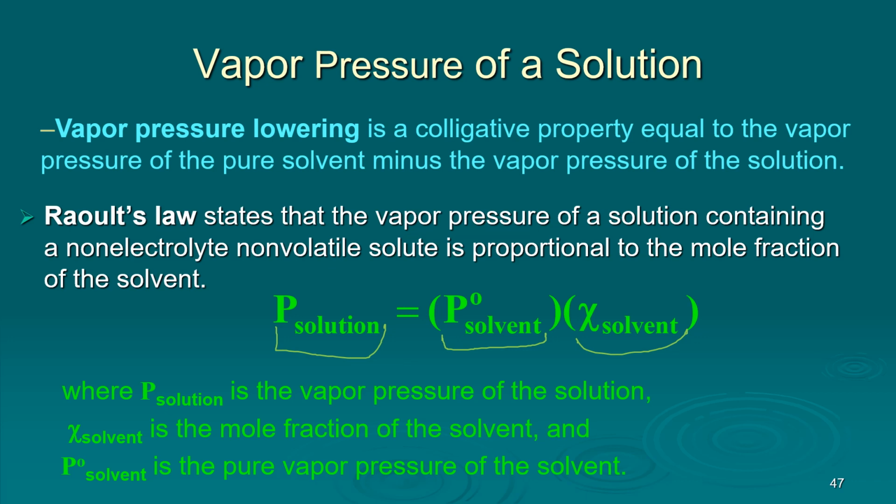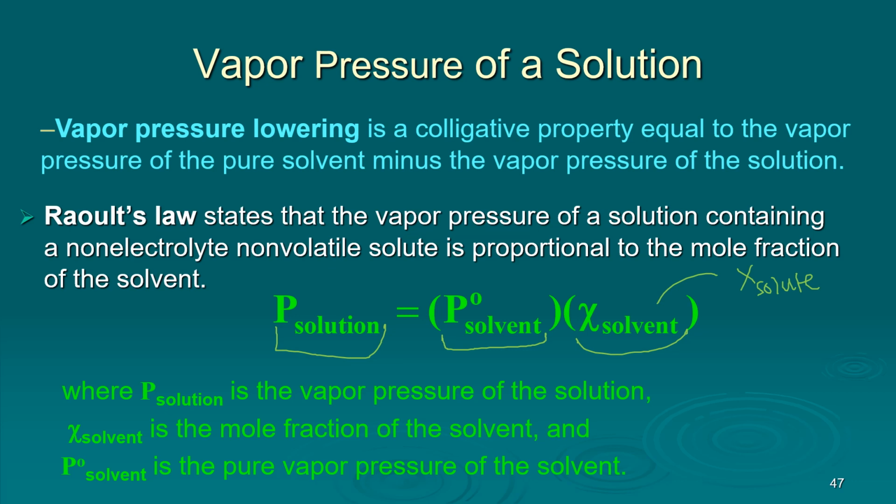And remember that if you're talking about the mole fraction of the solvent, the bigger the mole fraction of the solvent, the less solute there is, and so the closer the vapor pressure of the solution is to the vapor pressure of the pure solvent. So the smaller X solvent gets, the bigger X solute gets, right? Because they total 1. So the smaller the mole fraction of solvent, the bigger the mole fraction of the solute, in other words, more concentrated.